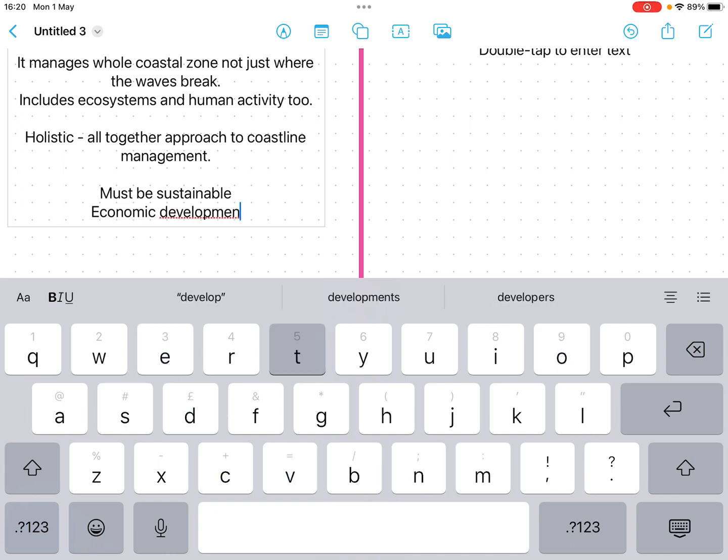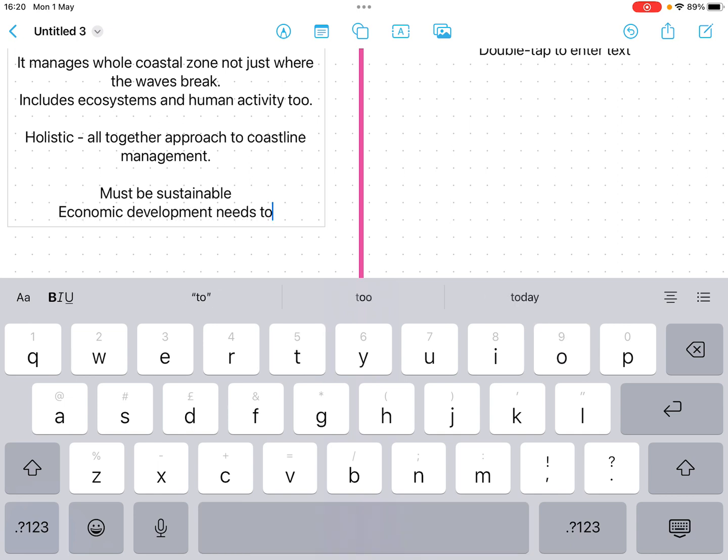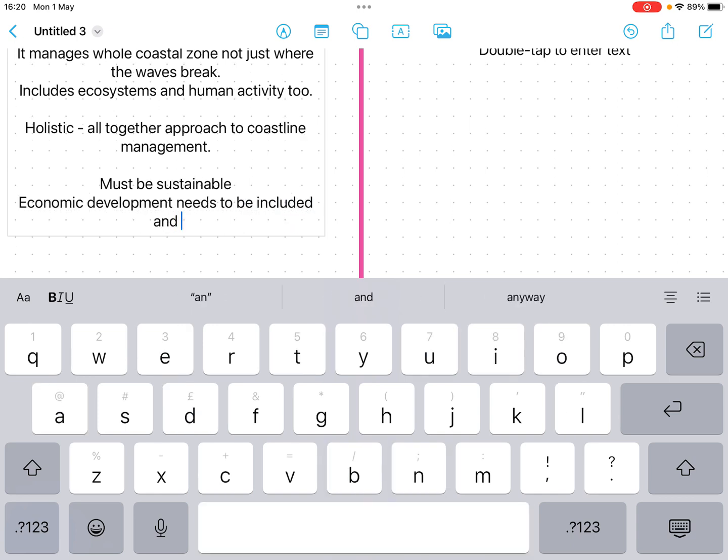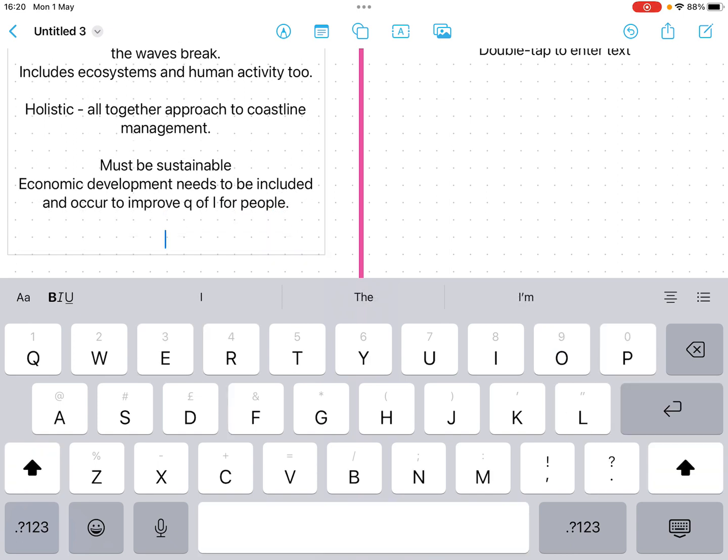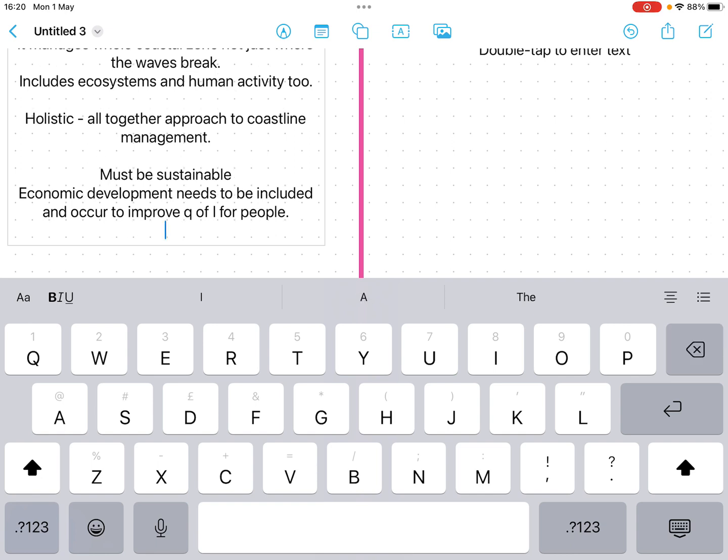And it needs to occur, otherwise we can't improve the quality of life for people. There we go. And it must be environmentally appropriate, though. That's the key thing.